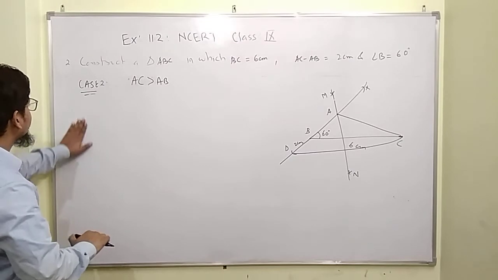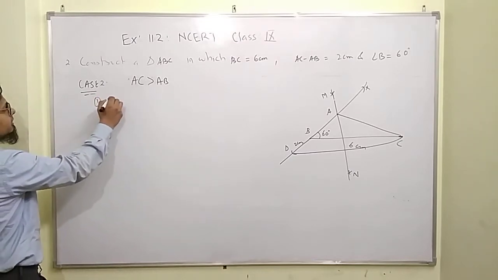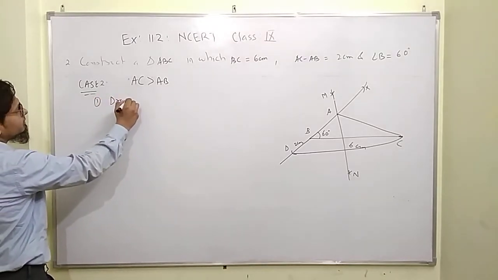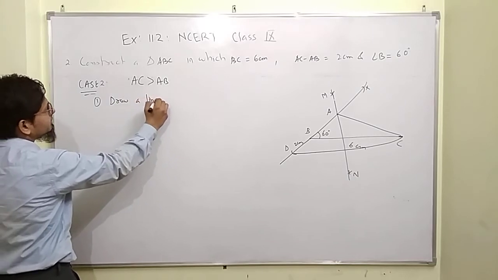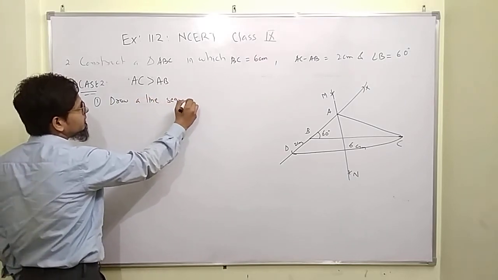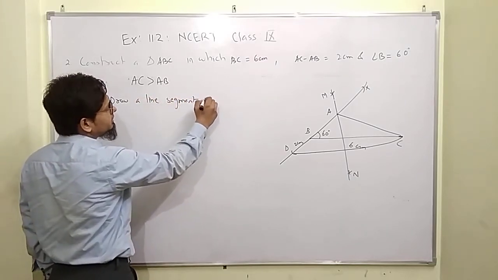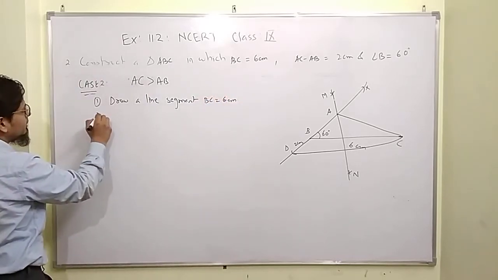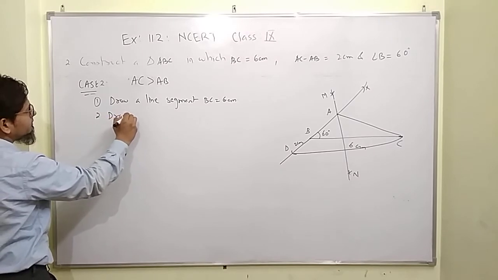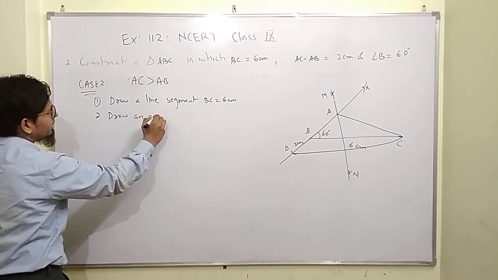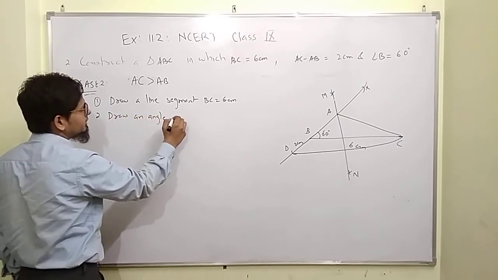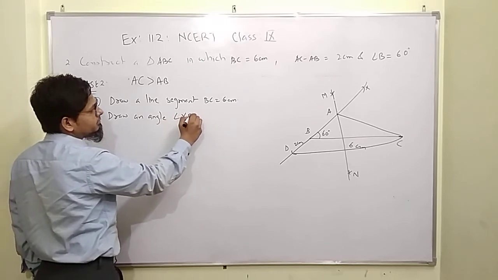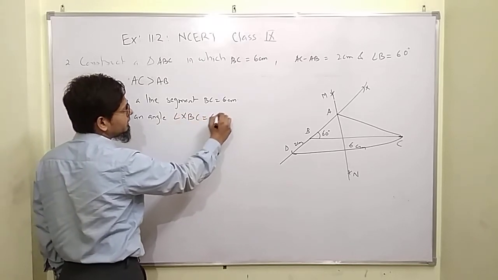First, draw a line segment BC equal to 6 centimeter. Next, draw an angle, let XBC be equal to 60 degree.